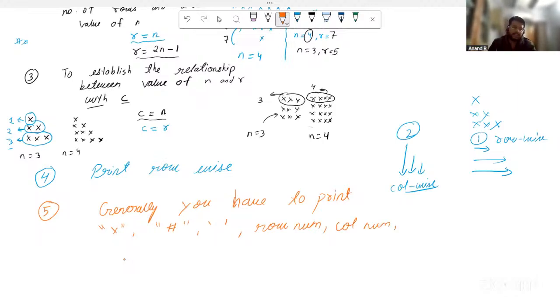If it's a binary matrix, you may print 0 or 1. Most of the problem statements require you to print any one of these things. If we are clear with all these steps, shall we move toward the first problem statement?